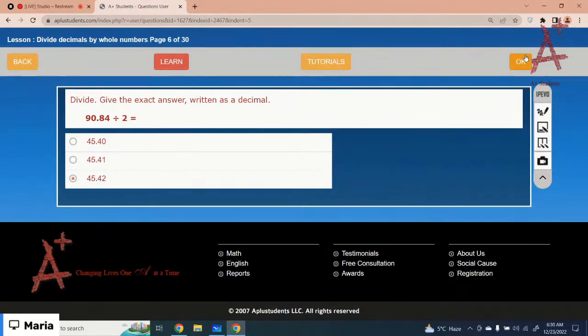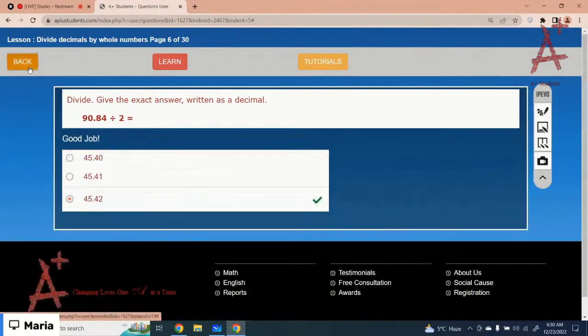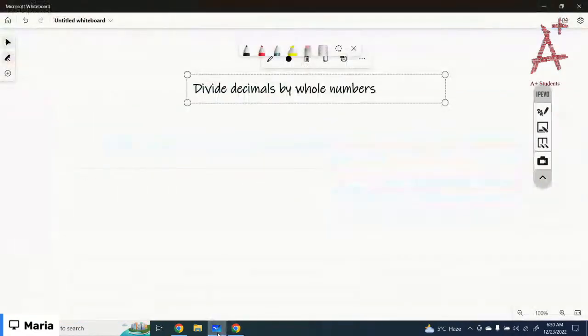Okay, you can complete the test by yourself later today. Let me just move on to the next lesson, and the next lesson is divide decimals by whole numbers word problems. Got it? So you have to do basically the same things, but now we're just working on word problems.